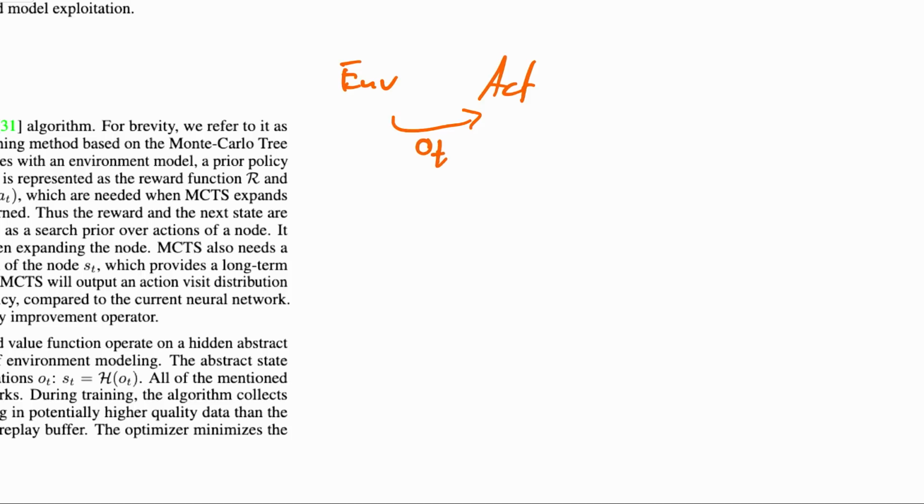The actor uses that observation to come up with some sort of an action at time step t, and then the environment gives the actor back a reward for that time step and the next observation, t plus 1. And that goes on and on and on. So the question is, how is the actor supposed to come up with this action right here, given the past observations that it has seen from the environment, in order to maximize all of the reward that it gets?